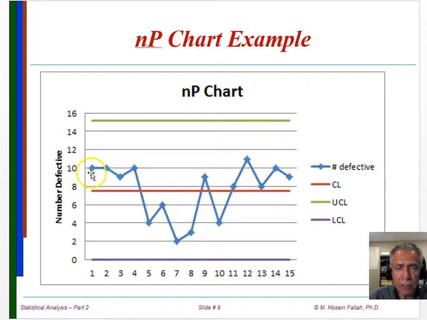So the first sample had 10 defects, the second one had 10 defects, the third one had 9, and so forth. But you could see the shape of the distribution. The control or trend line is the same as we had before, and we can again claim that this process is in control and perhaps is stable as well. We can't really argue that many of these points are affected by an external process.